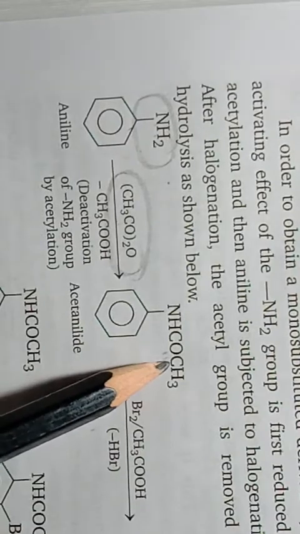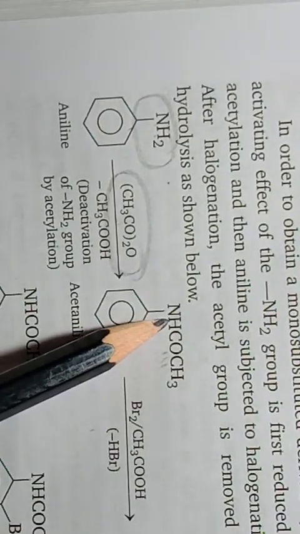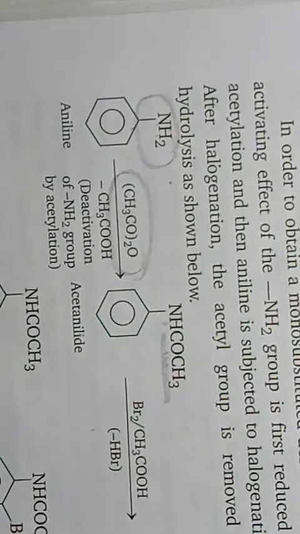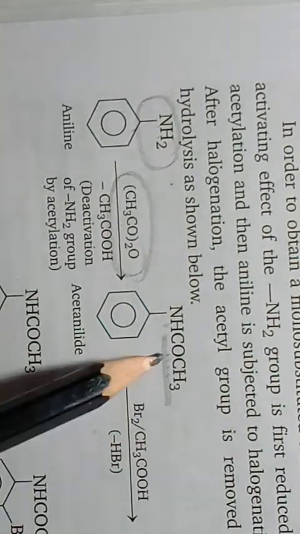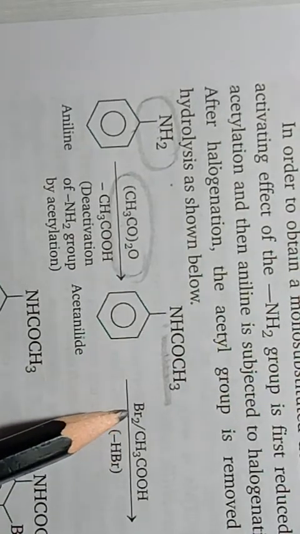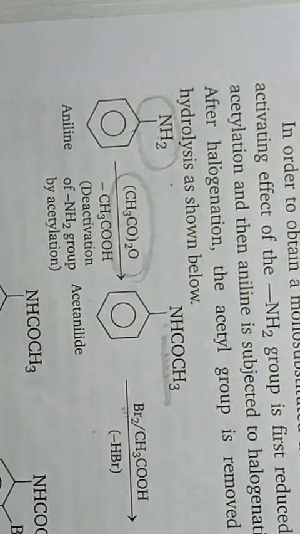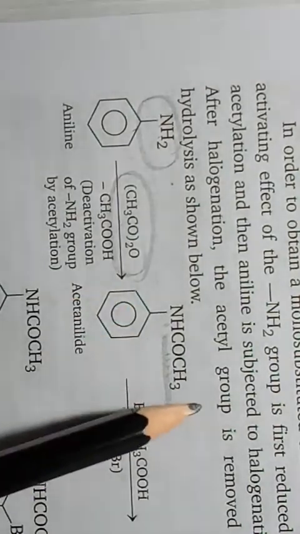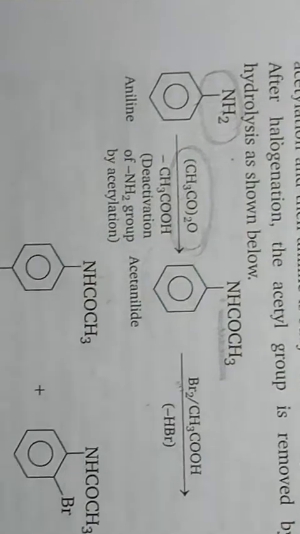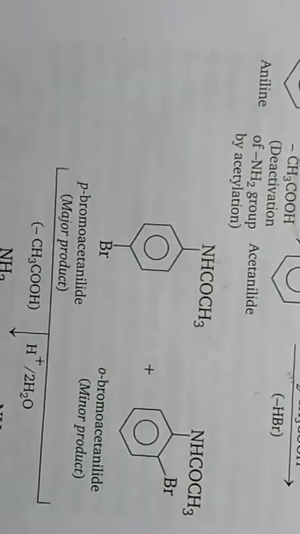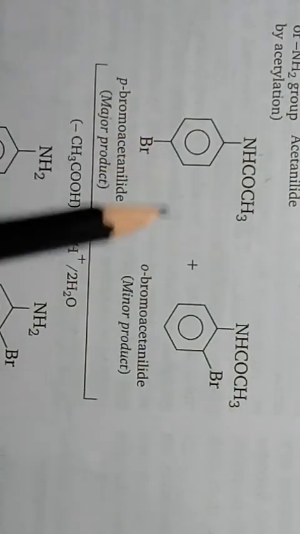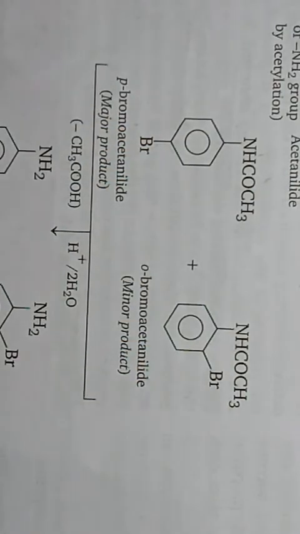Acetanilide will be obtained, where one hydrogen atom of the amino group is replaced by the acetyl group. After this we will do bromination of this acetanilide. In this way we will get the monosubstituted ortho and para derivatives.